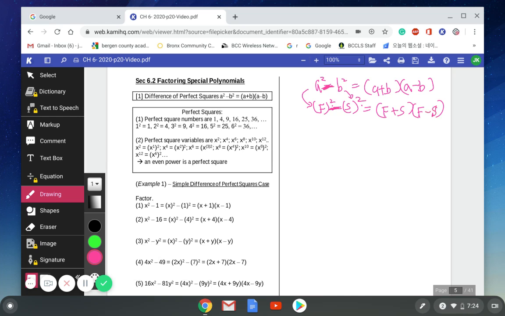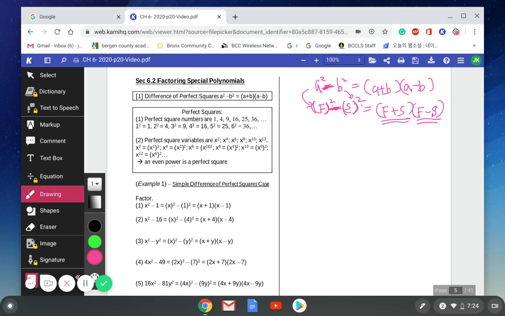First one means first term and second means second term. So these are rules, formulas that you have to memorize and recognize the format of. Again, the difference between two perfect squares: if you have that format, then it will become a multiplication of the quantity of addition and the quantity of subtraction of the two terms.